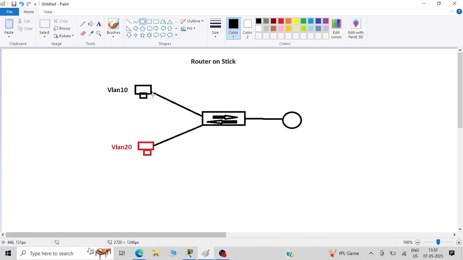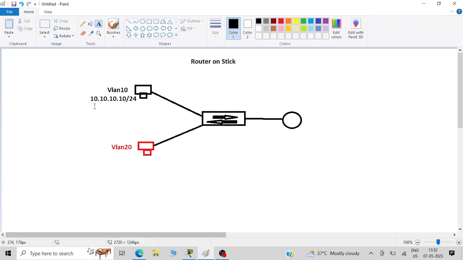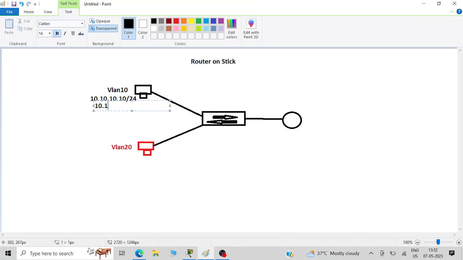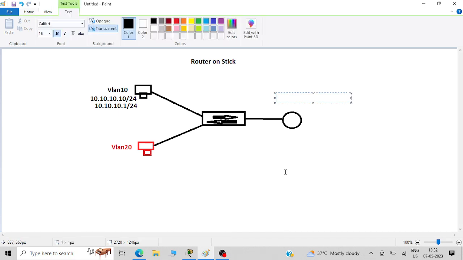Let's say this host is in subnet 10.10.10.0/24, and this host has the gateway 10.10.10.1/24, and this gateway is sitting over here on this router.